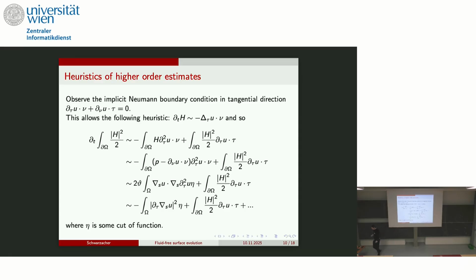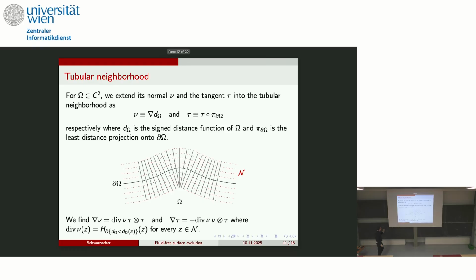And how it really looks is a bit more ugly. So here I will introduce a bit of notation. We also use the signed distance function, which was already introduced. We use this inner ball condition, and then we know that we have this fiber, so we can extend our normal as the gradient of the signed distance function, and also the tangential by projecting onto the tangential space.